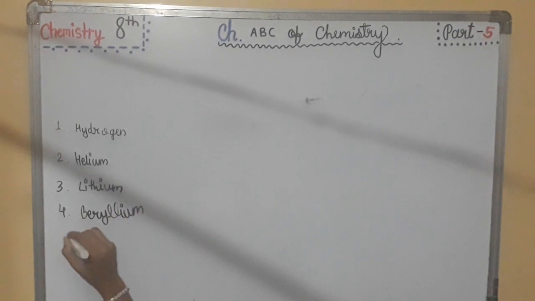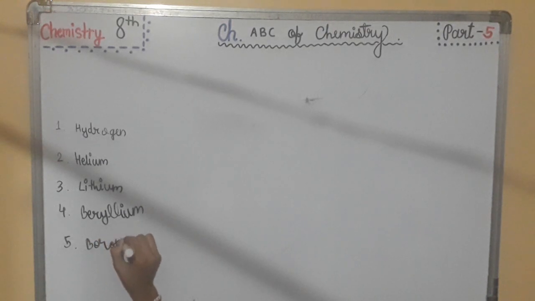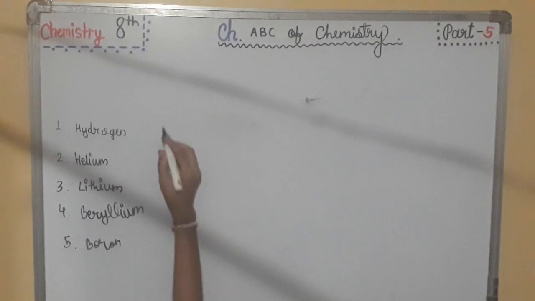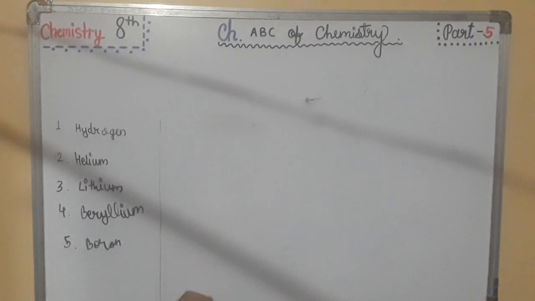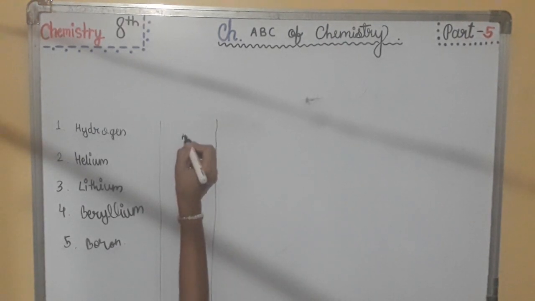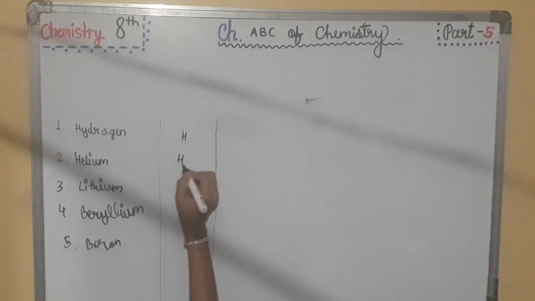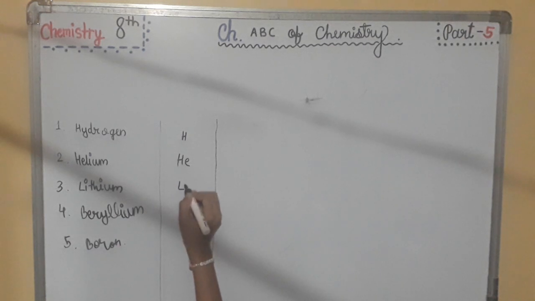Fifth is boron. After the element, we will write the symbols. So the symbol of hydrogen is H, helium is He, lithium is Li, beryllium is Be, and boron is B.